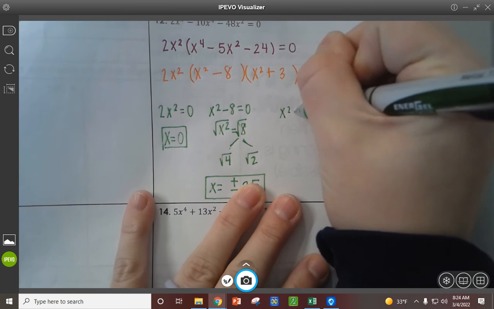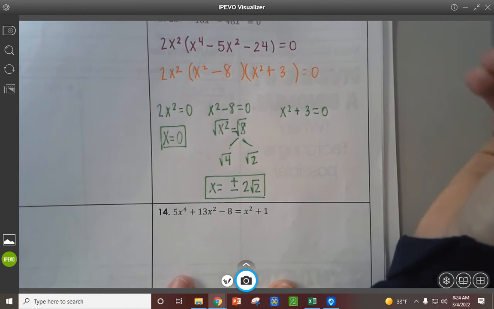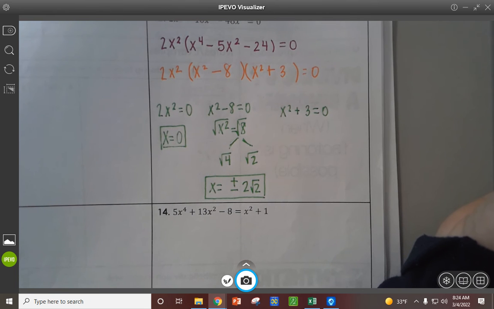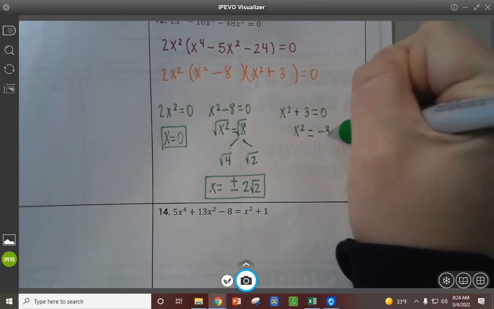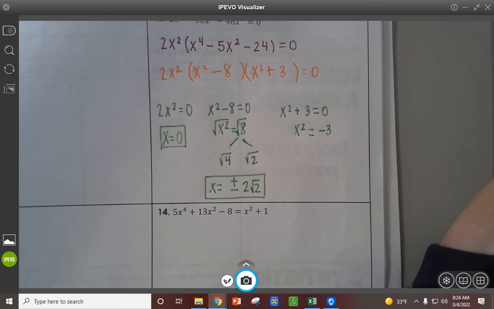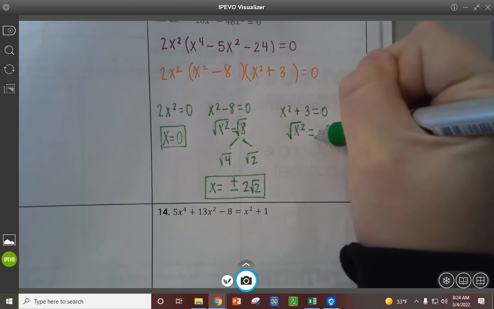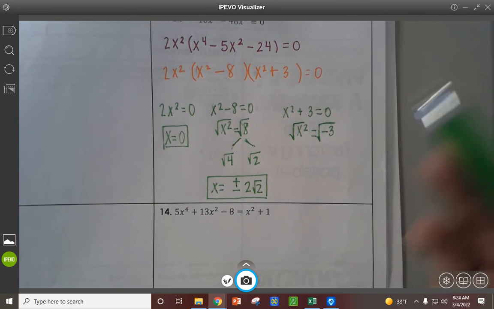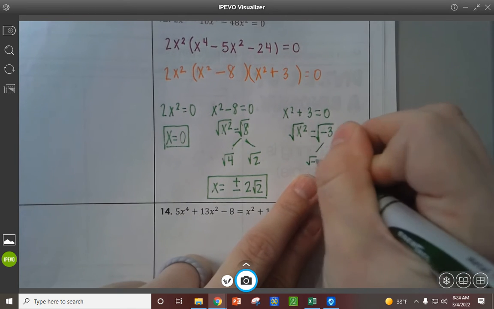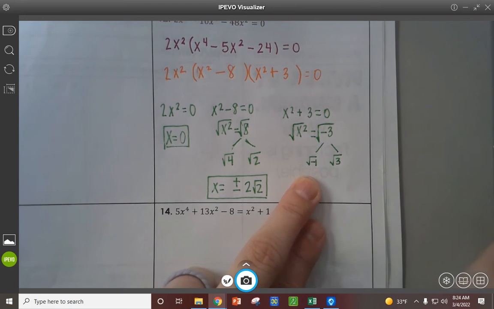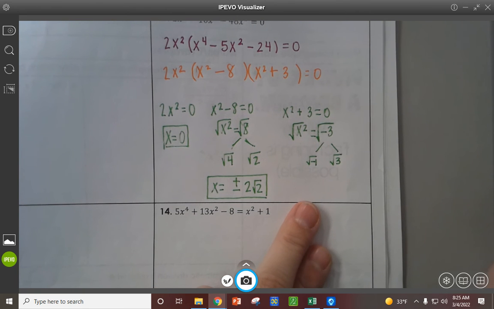Then we have x squared plus 3 equals 0. If we subtract 3, we get x squared equals negative 3. And then we take the square root. Now this is negative, so I have to pull out that negative 1, leaving us with square root of 3. 3 is not a perfect square, and there are no perfect squares that go into 3.